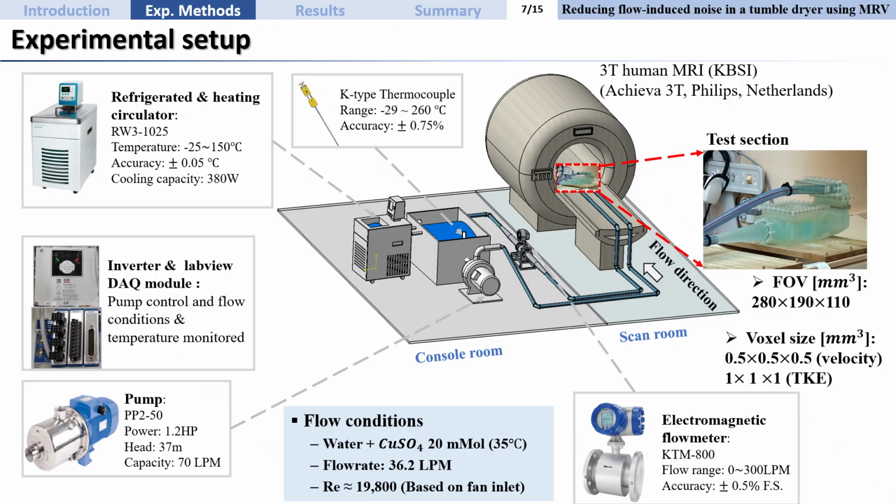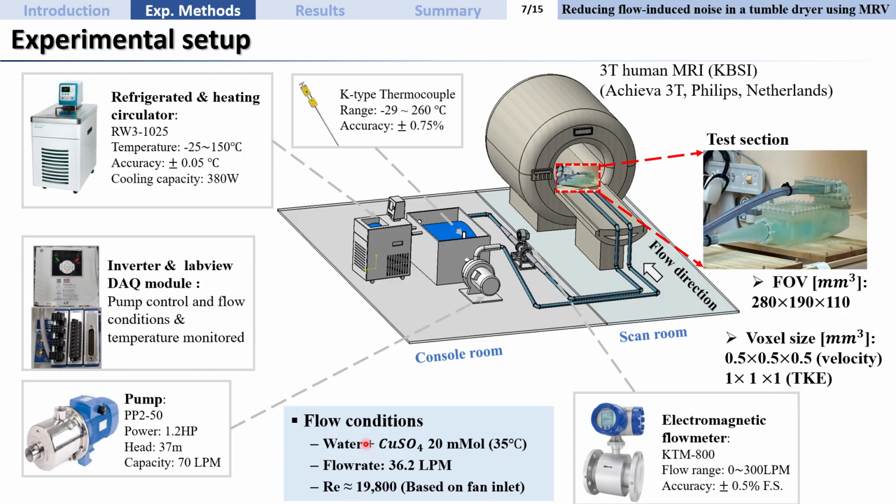And next, I will briefly explain our experimental setup. The MRV experiments were conducted using a 3T human MRI at Korea Basic Science Institute. So as you can see in this figure, we have a closed loop circuit that includes a pump, an electromagnetic flow meter, a refrigerator and heating circulator, and flow control and data acquisition instruments.